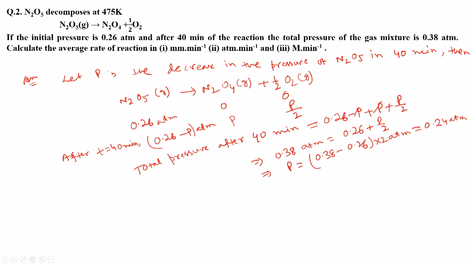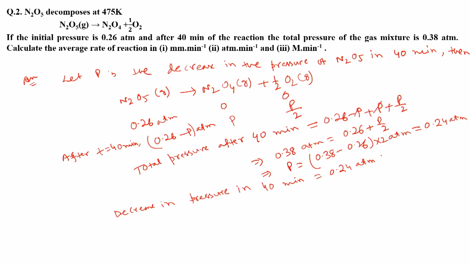So the decrease in pressure in 40 minutes equals 0.24 atmosphere.